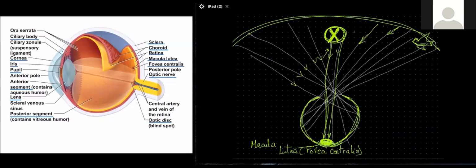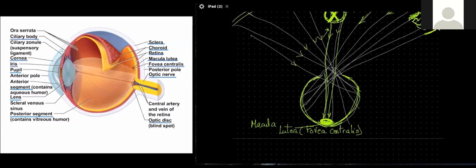Compared to this bird, the light rays that are coming from this bird are still falling on my retina, but away from the fovea centralis.